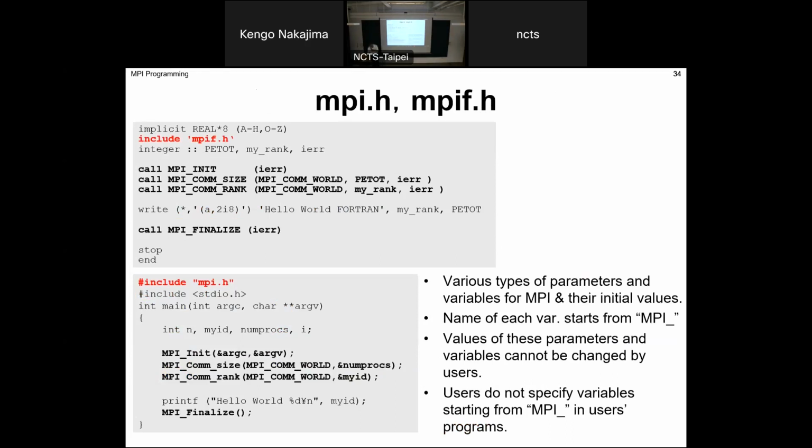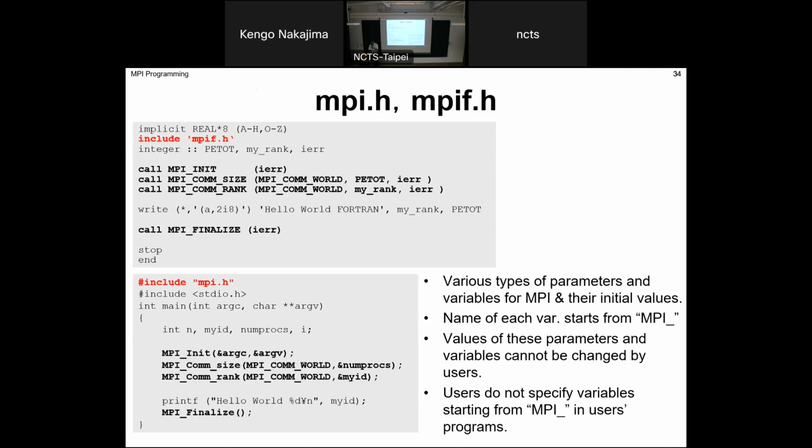In mpi.h and mpif.h, various types of parameters and variables for MPI and their initial values are defined. The name of each variable starts with MPI underscore, and the values of these parameters and variables cannot be changed by users. I recommend not using variable names starting with MPI underscore.